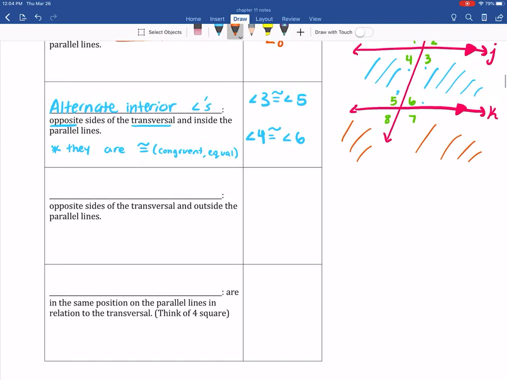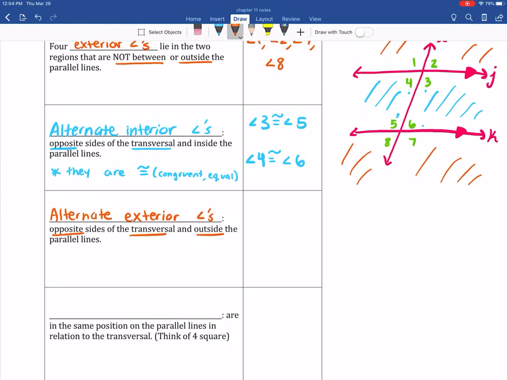The next one is alternate exterior angles. They are on opposite sides of the transversal, but they're outside. So this time I know I'm looking at 1, 2, 7, or 8. Okay, so if I say angle 1, alternate and exterior would be angle 7, because it's on the opposite side of my transversal.